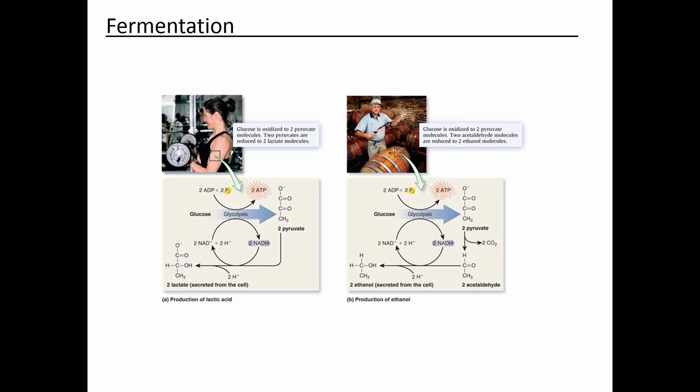I do know that lactic acid, because it's an acid, can lead to a pH change in your body, which is not good. So remember, you want to keep the pH of your body relatively constant. And if you get lactic acid buildup, you're making a lot of acid, which is going to decrease the pH. It's one of the things that can lead to acidosis, which is what you would call a decrease in pH in your body.